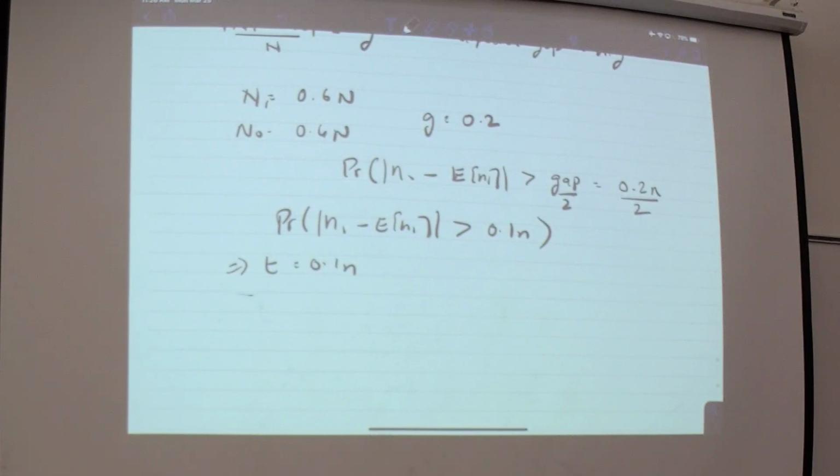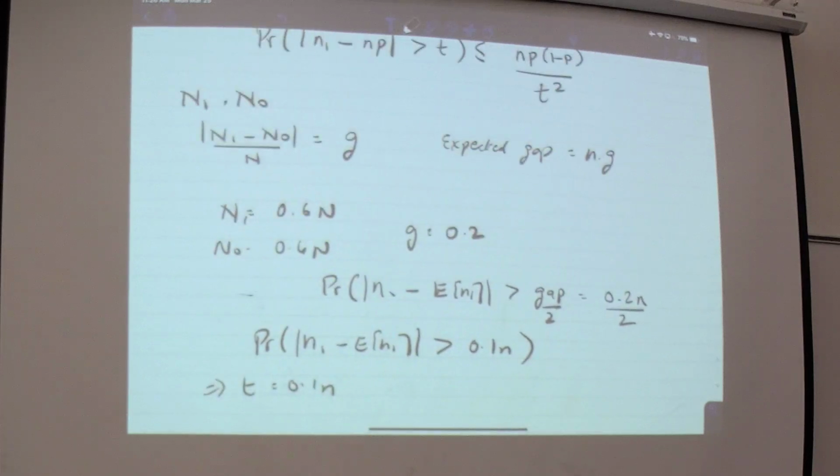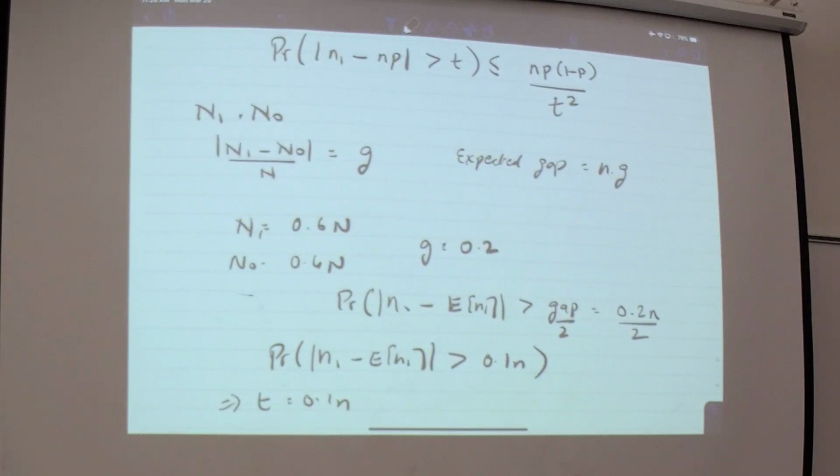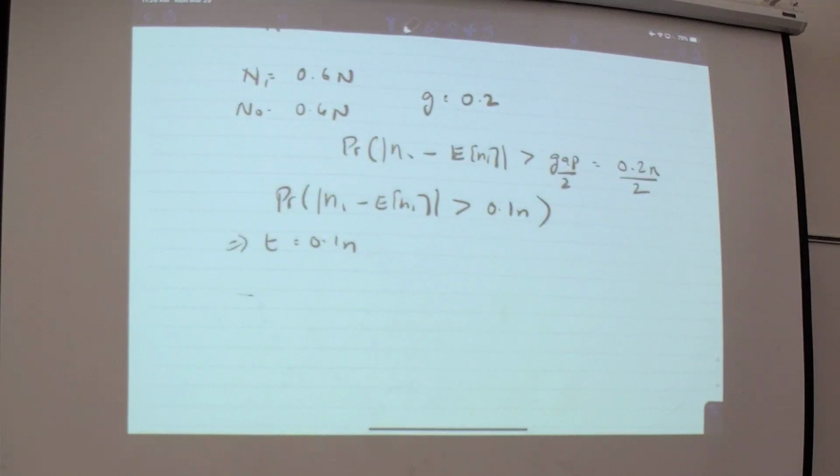But we also know that p in this case, the probability of n1, is 0.6. So we can write this whole expression out as this probability, by Chebyshev inequality, is going to be less than or equal to n times 0.6 times 0.4 divided by (0.1n) squared.